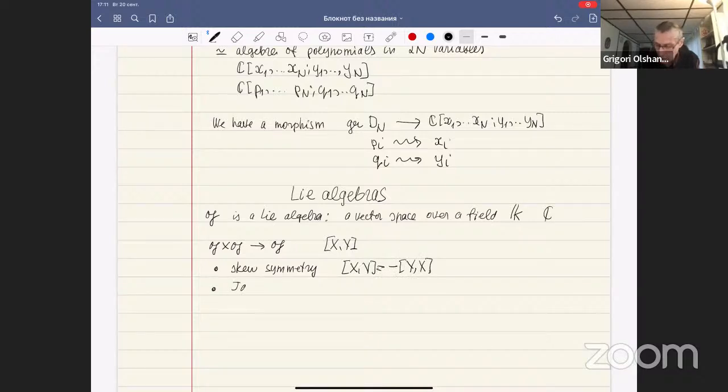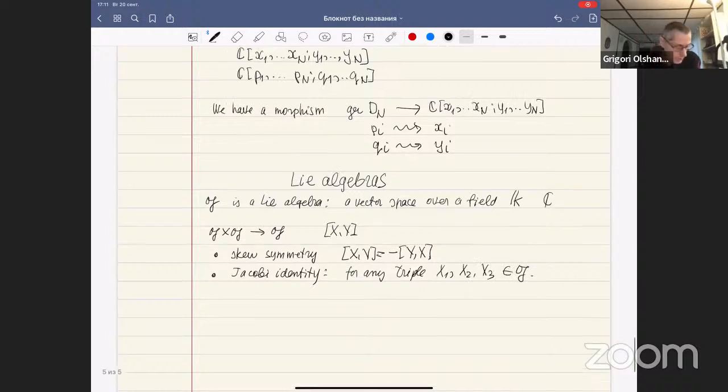And the Jacobi identity, which means as follows: for any triple x1, x2, x3, the following relation holds.